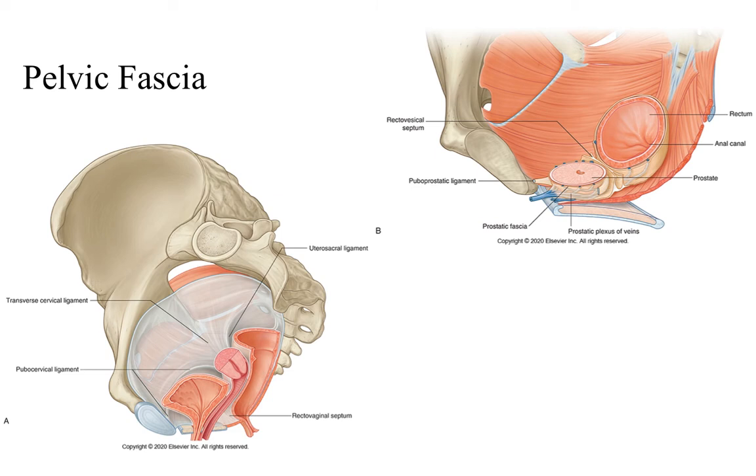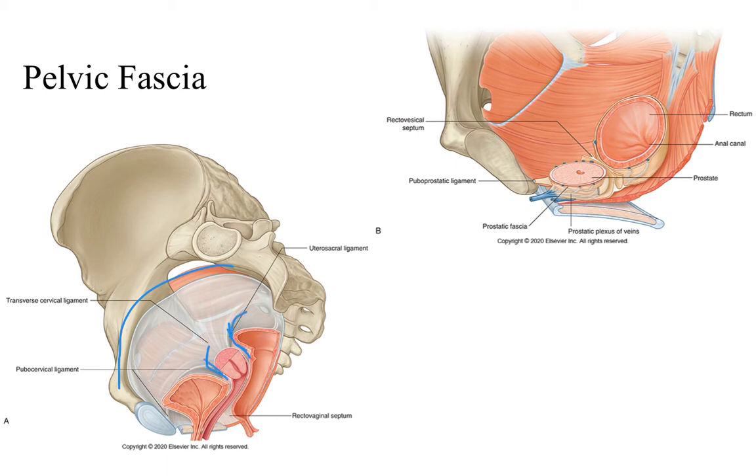All of the organs and muscles within the pelvic cavity, the true pelvic cavity right here, are covered by what we call pelvic fascia. And not only does it cover the muscles and the organs within the pelvic cavity, but it also separates those organs from each other.